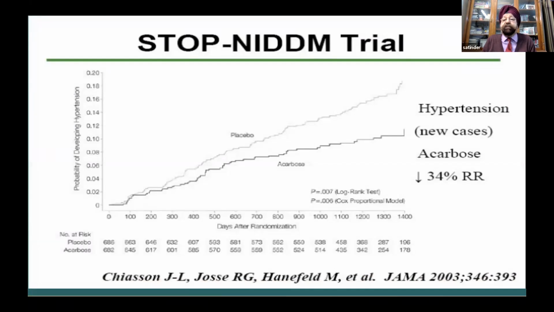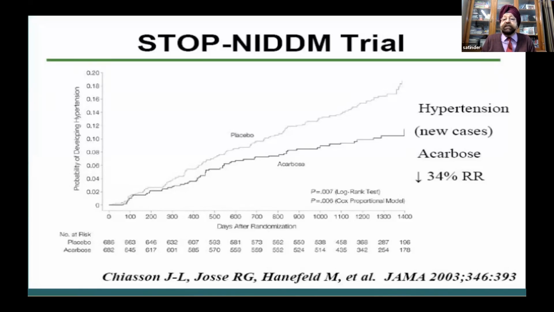Again, you're familiar with a very famous trial called the STOP-NIDDM trial. It was a trial with acarbose, and you know what acarbose is? It is an anti-diabetic drug which acts on the alpha-glucosidase enzyme in the intestine.